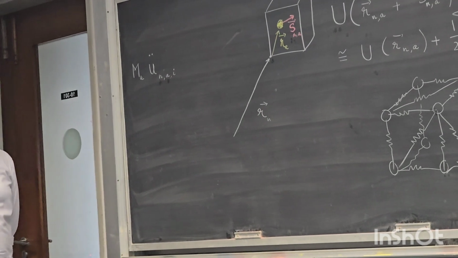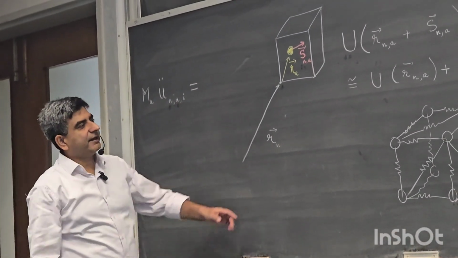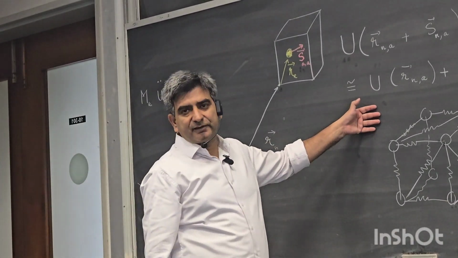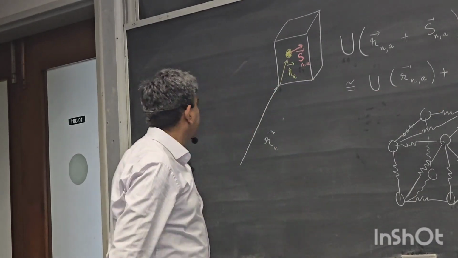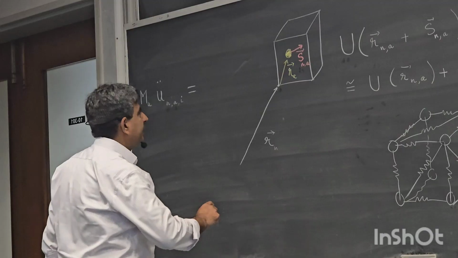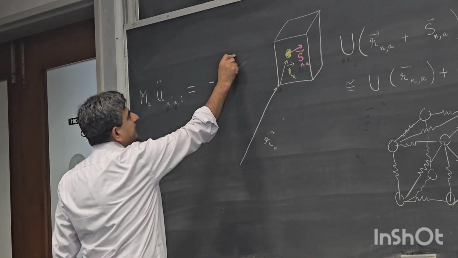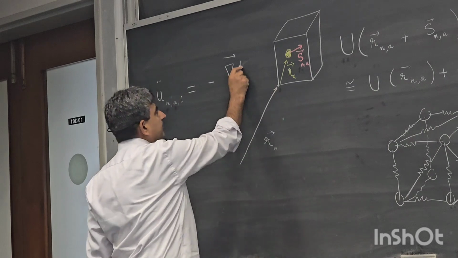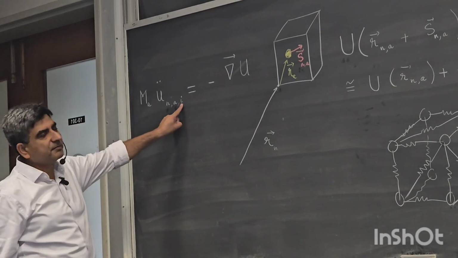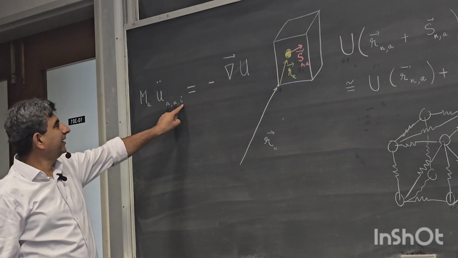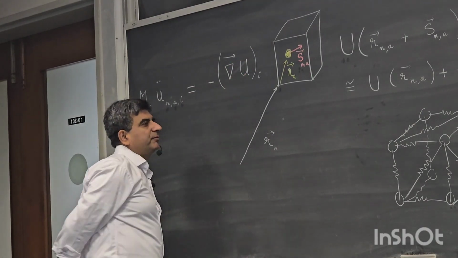That's the equation of motion. So the force is given by the negative of the derivative of this term with respect to s. This really means that I need to find the gradient of this potential energy U, and since I'm talking about the ith dimension, I just take the ith component of this.